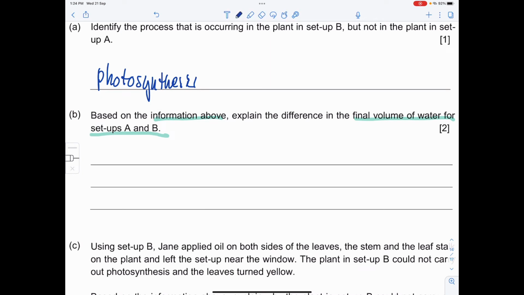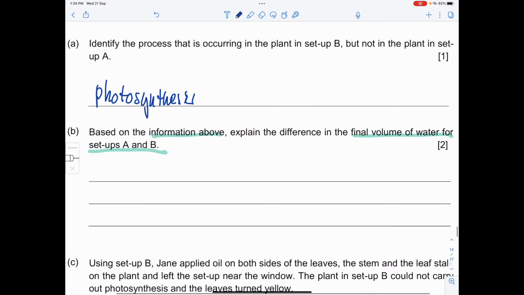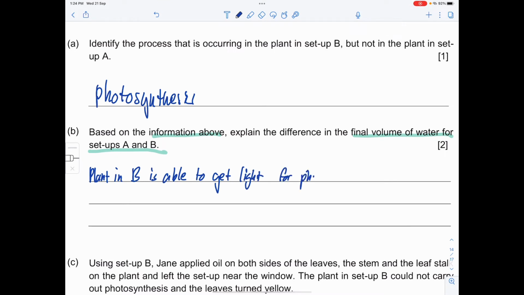So I would say that unlike A, plant in B is able to get light for photosynthesis.